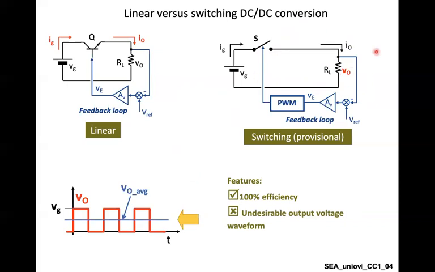Now, from this configuration, your input will be a DC, as you can see, it's a VG voltage, but your output will be a varying square wave with a high state called VG when this is a short circuit, and with a lower state as 0 when this is an open circuit.